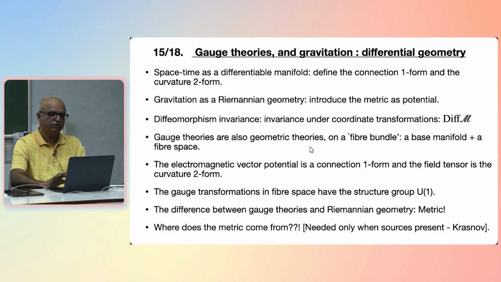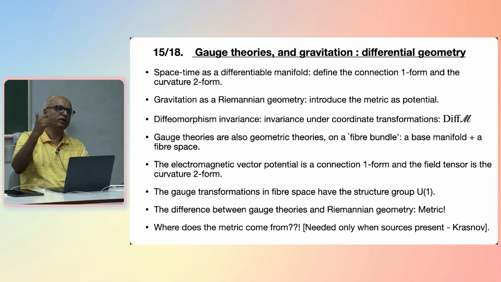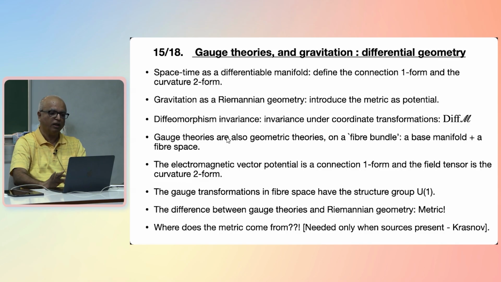Gauge theories are also geometric theories on a fiber bundle. This is what I like to explain today. A fiber bundle is a base manifold plus a fiber space. Base manifold is space-time. On space-time, you add another manifold, which is a set of fibers. For example, yeah, my teacher used to give me this very basic example.